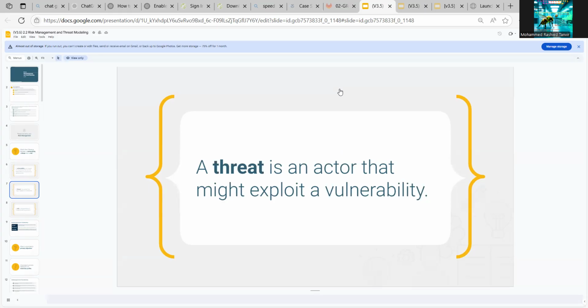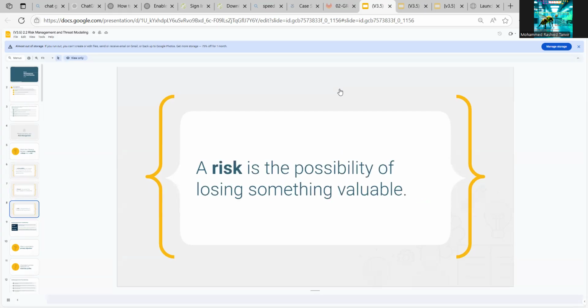So there are two types of threat: one is intentional, another is unintentional. A risk is the possibility of losing something valuable. A risk will cost money if it works. So always remember three words: vulnerability, threat, and risk.